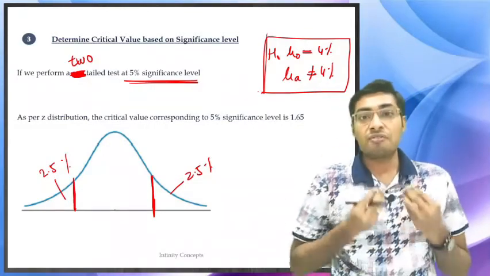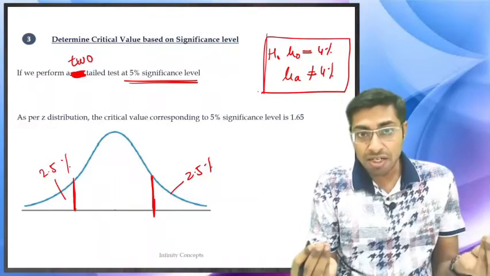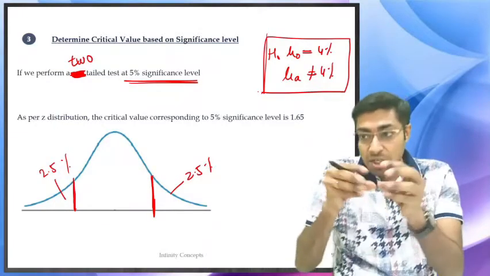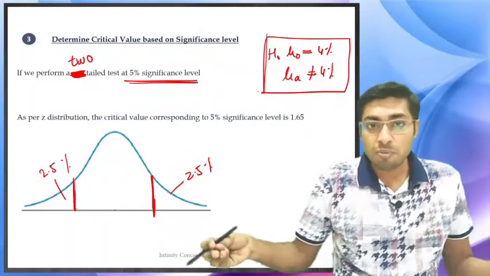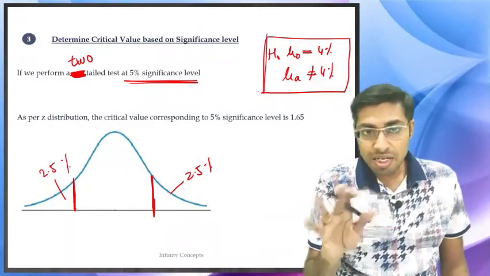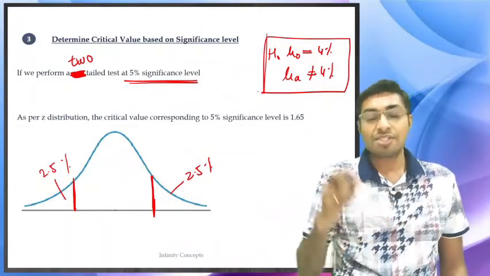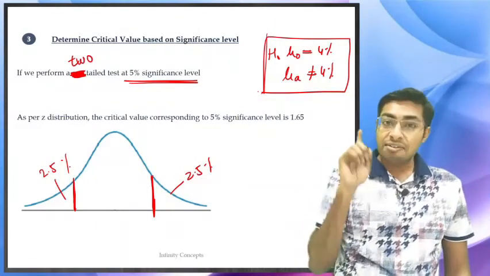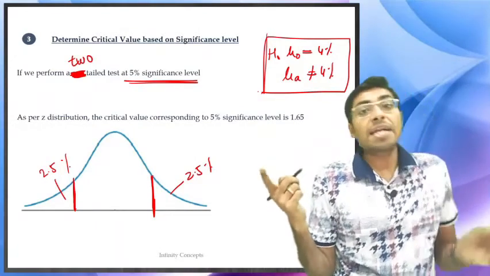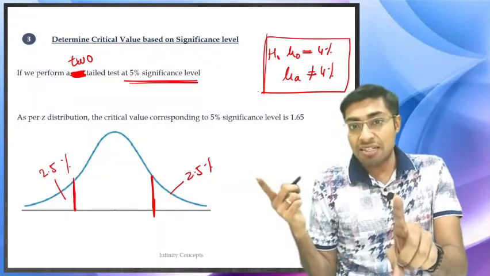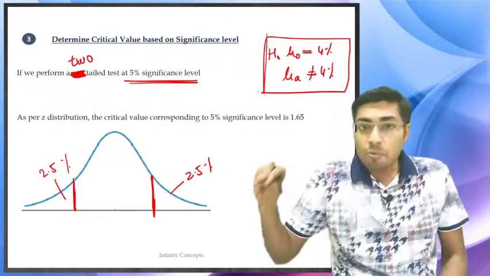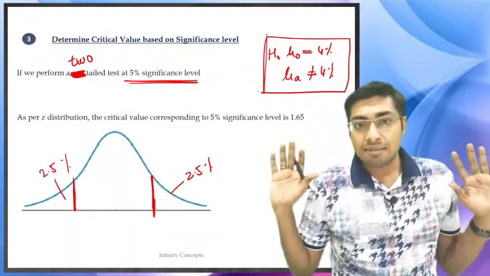So if I use the word 5% in the exam question, then you actually have to divide that into two tails, which is 2.5 and 2.5. All of this explanation will not be given in your question. This is what we have to understand, that if this is a two-tail test and they have asked for a 5% significance level, then there will be 2.5 under both the tails.